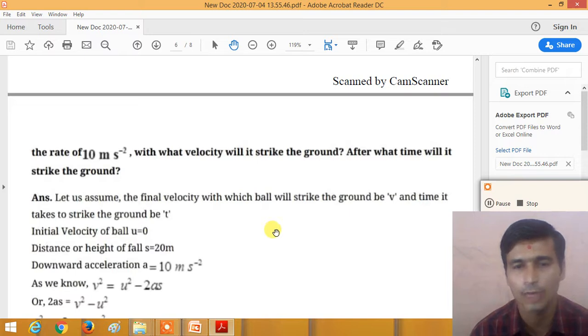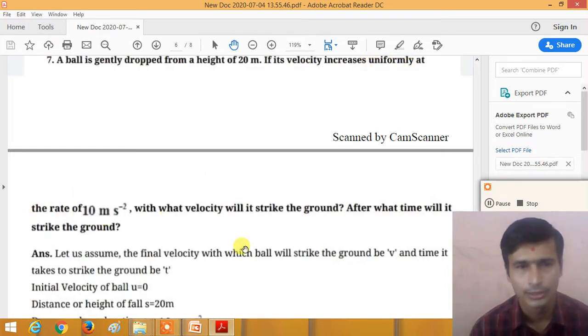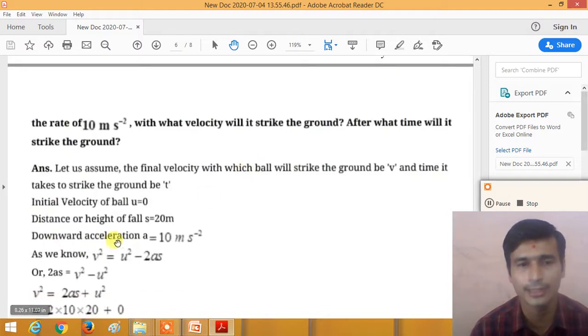So what do we want to calculate? We want to calculate what velocity it will strike the ground with. So what will be the final velocity? The velocity is increasing uniformly at a rate of 10 meter per second square, so the acceleration is given as 10 meter per second square.